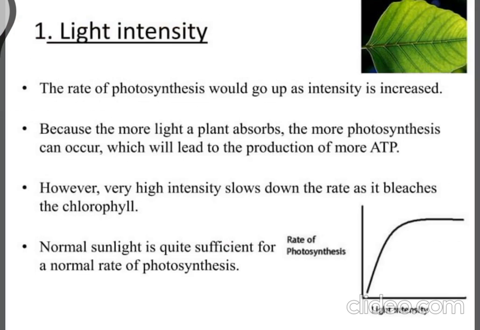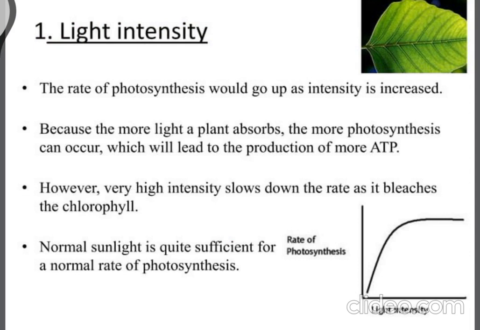First is light intensity. The rate of photosynthesis goes up as intensity is increased, because the more light a plant absorbs, the more photosynthesis can occur, which will lead to the production of more ATP.